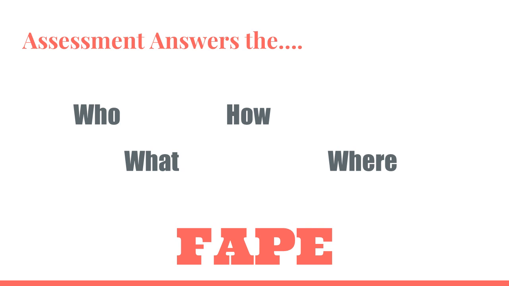And then the where looks at the placement decisions we make. Where will that student get those special services, and where will they most effectively be delivered, that least restrictive environment? We look at all of those things, the who, the what, the where, the how, from our assessment. If we can answer those and make good decisions through all of those questions, then that student should be given a FAPE.